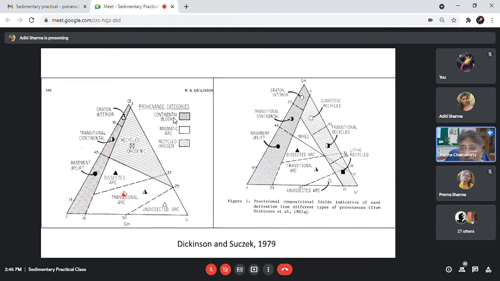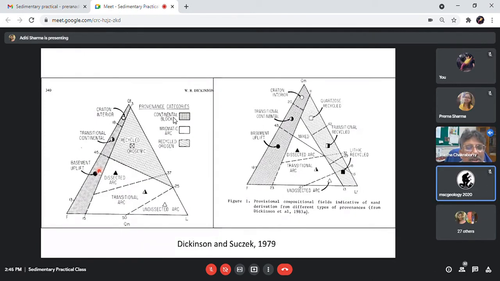So first, in the triangular diagram, you have to mark the field. Unless you mark the field, how will you plot it? The marking of the field is very, very essential. You get my point, students? Yes, sir.